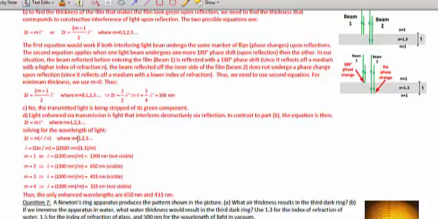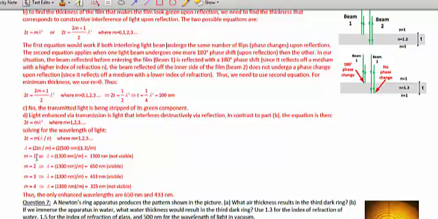So all we have to do is solve for the lambda values. Lambda is going to be twice t n over m, and for each of the orders, we try to find that lambda. In this case, remember, we know the thickness now. The thickness is 500 nanometers.